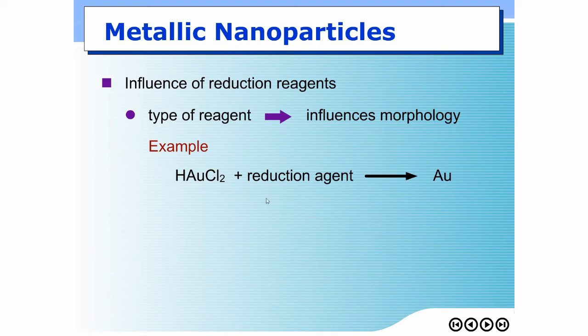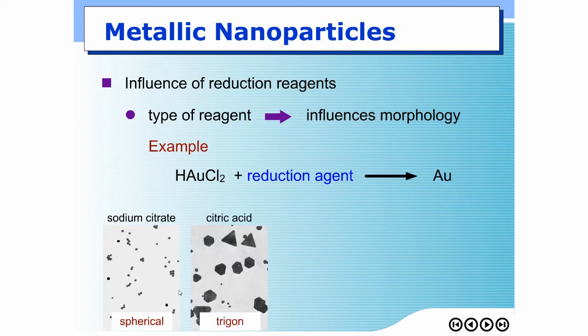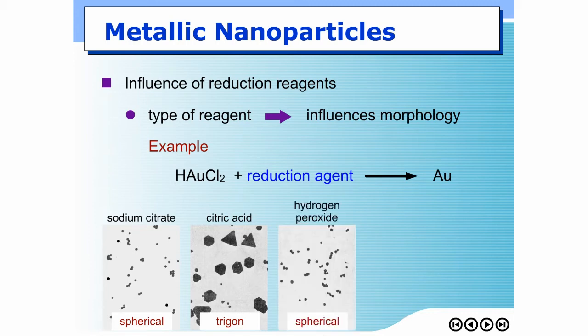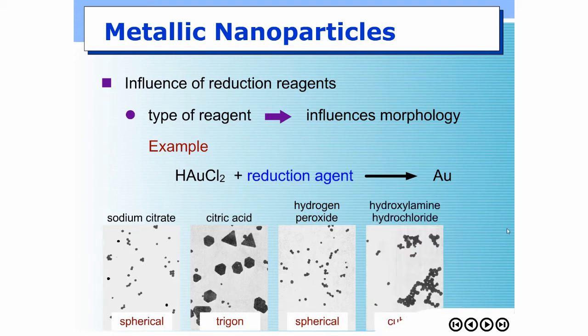For instance, for the production of gold, like this picture or this equation, if I change the reducing agent from sodium citrate, which gives you spherical nanoparticles, to citric acid, then you see that the morphology changes quite dramatically. Also, the size would be changed. If I change into hydrogen peroxide or this amine compound, the size and shape will be affected.